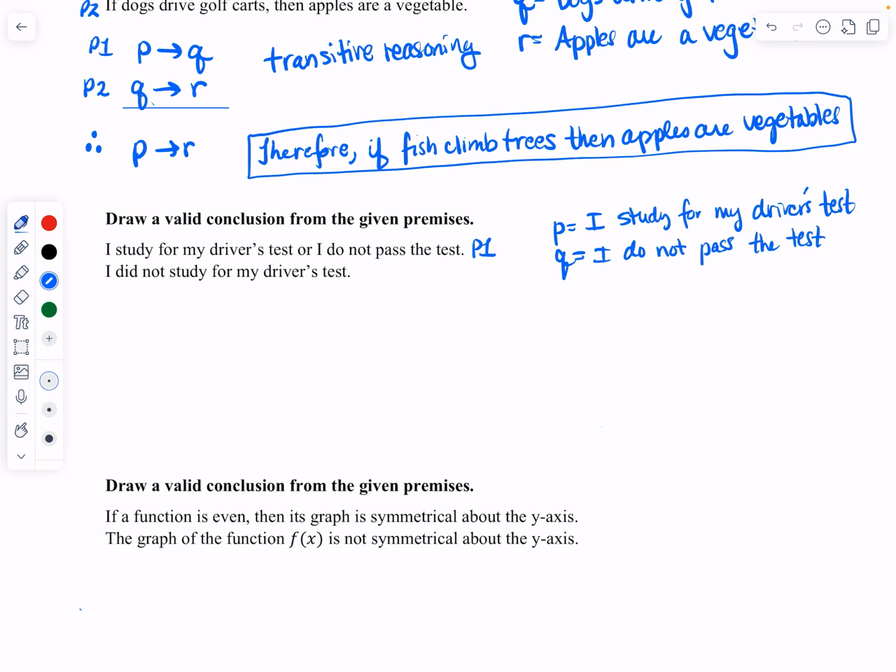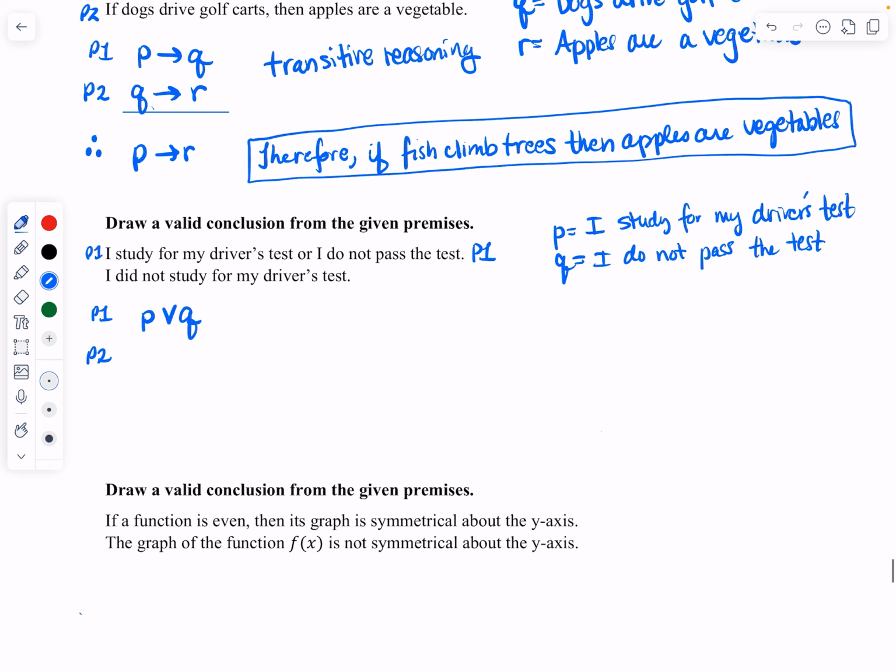Okay, so let's write things out symbolically. So P1, premise 1: I study for my driver's test, which is P, or I do not pass the test, which is Q. So I have the disjunctive. P2, I did not study for my driver's test. So that is going to be negation P.